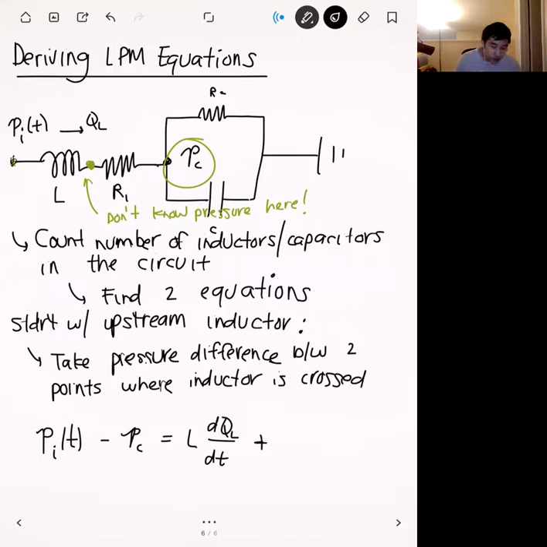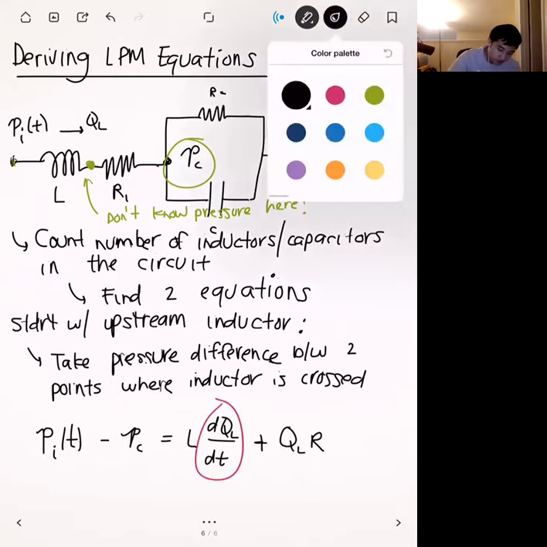For the pressure drop on the resistor, we're just going to use Ohm's law, which is just going to be QL times R. If we do both of those things, now we have an equation to solve for. Let's go ahead and take this expression and solve for the time derivative.